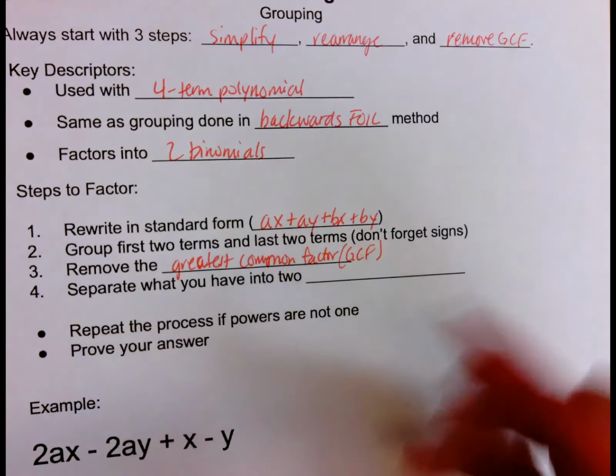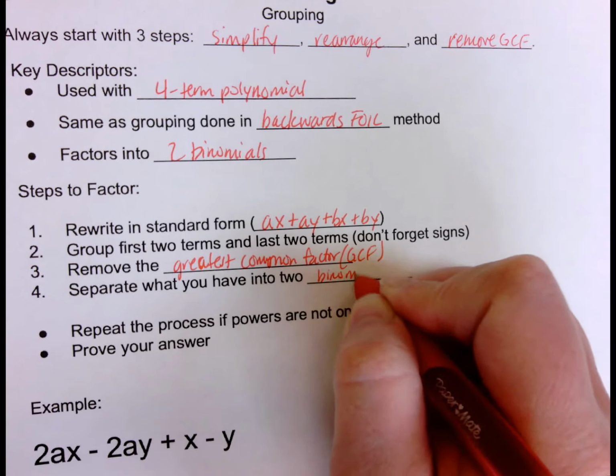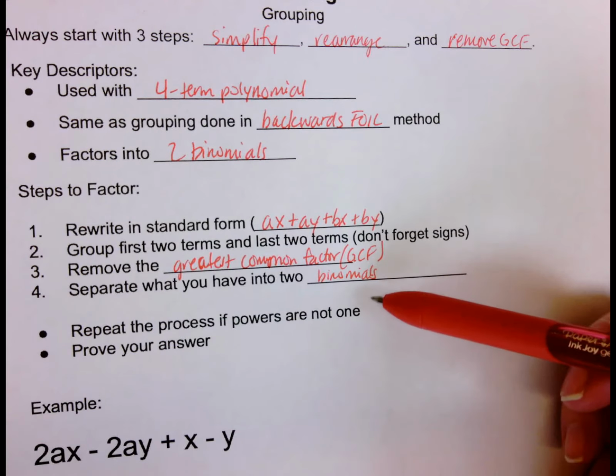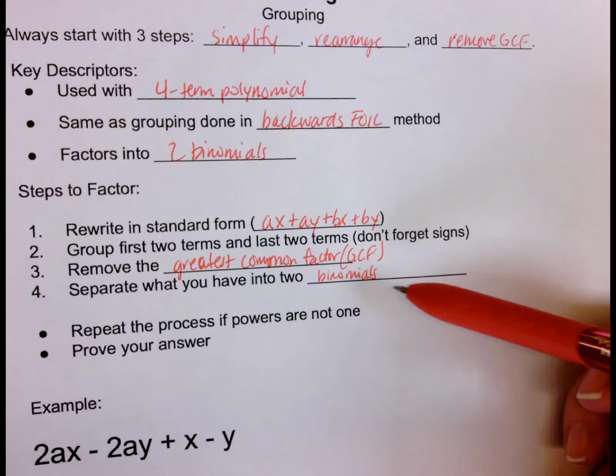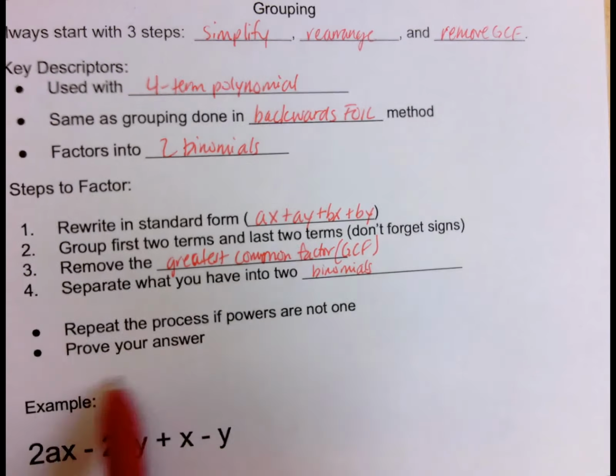And you're going to separate what you have into 2 binomials. So really what we're doing here are steps 2, 3, and 4 from backwards FOIL. And again, don't forget, you're going to repeat the process if the powers are not 1, and you're going to prove your answer.